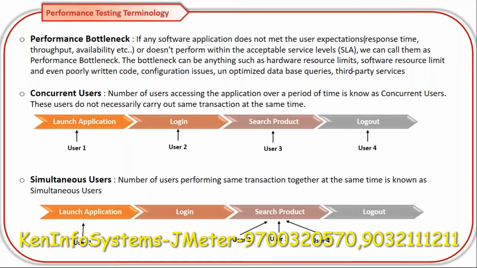By that time the second user has already done the launch and is doing login, the third user is doing product search, and the fourth user is doing logout. The fourth user doing logout means that by that time he has already done launch, login, search product, and finally is doing logout. If you see, each user is performing a different action, not the same action. So these users we can call concurrent users.